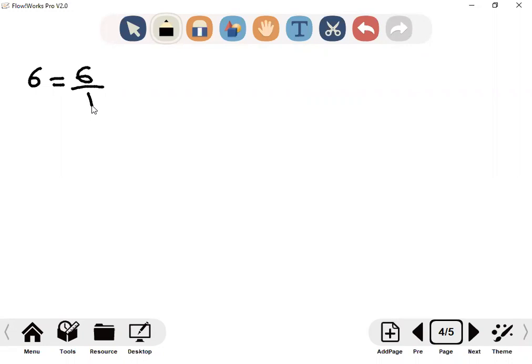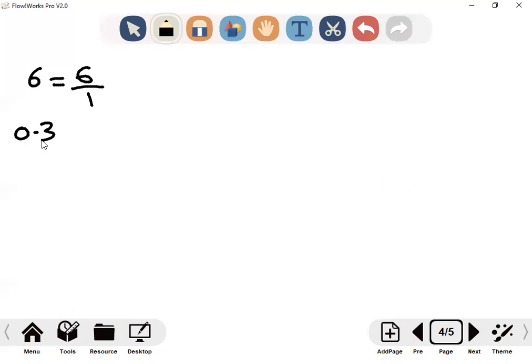But how about 0.3? Is this a rational number? Let's go back to the definition, right? Any number can be written in the form A over B. But 0.3, can we write it as A over B? Yes. What is it? 3 over 10.